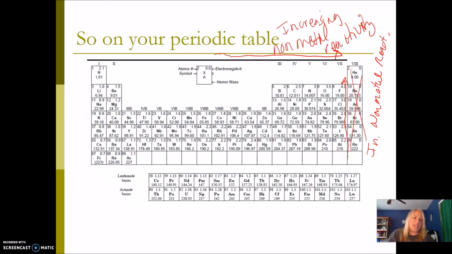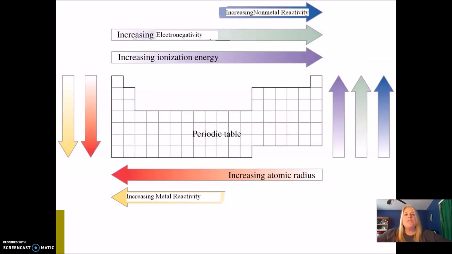They're like little loners on the periodic table because they have a full valence shell of 8 electrons and they are good. So in summary, on your periodic table, you should have 2 arrows to this corner for increasing metal reactivity and increasing atomic radius. Down in this corner is the biggest atom, and it's the most reactive of the metals.